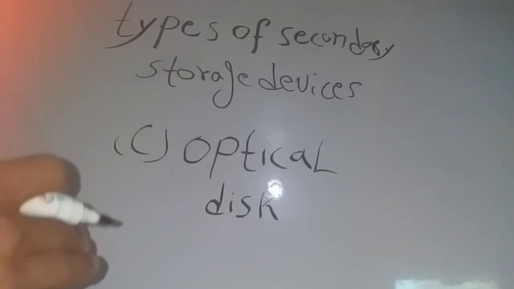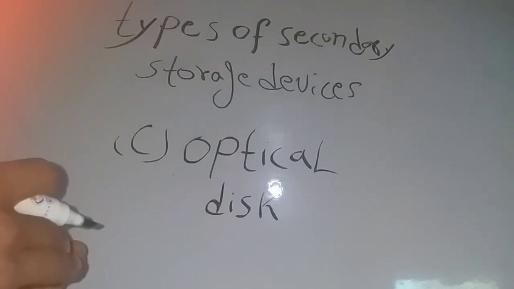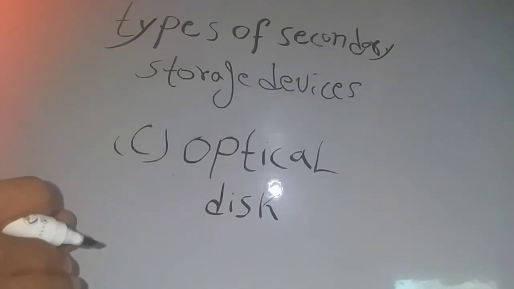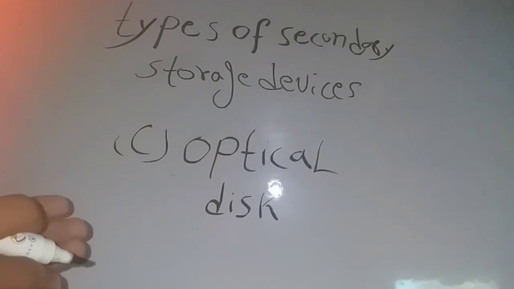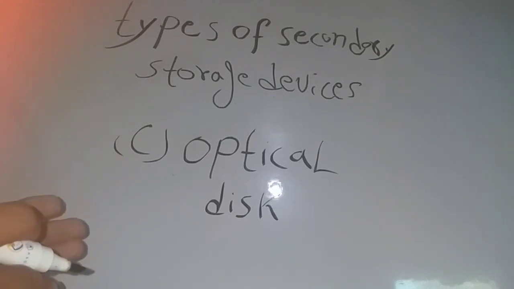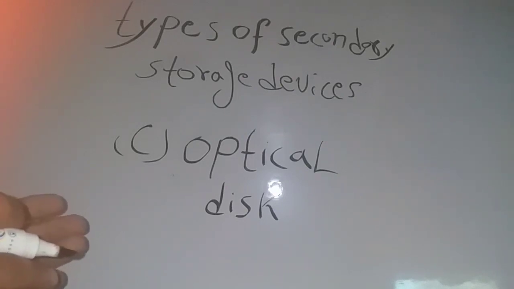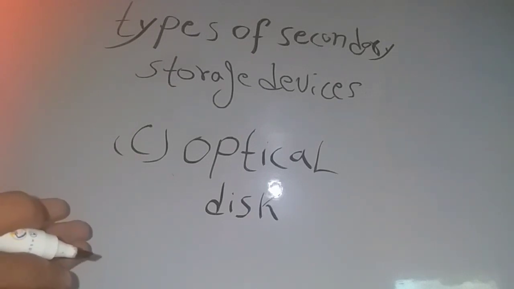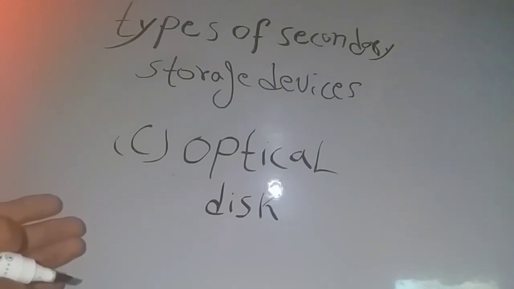The data is stored on the disk with a laser or stamping machine and can be accessed by a laser diode, and optical disks spin at speeds of 200 rpm up to 4000 rpm or more depending on the drive speed.